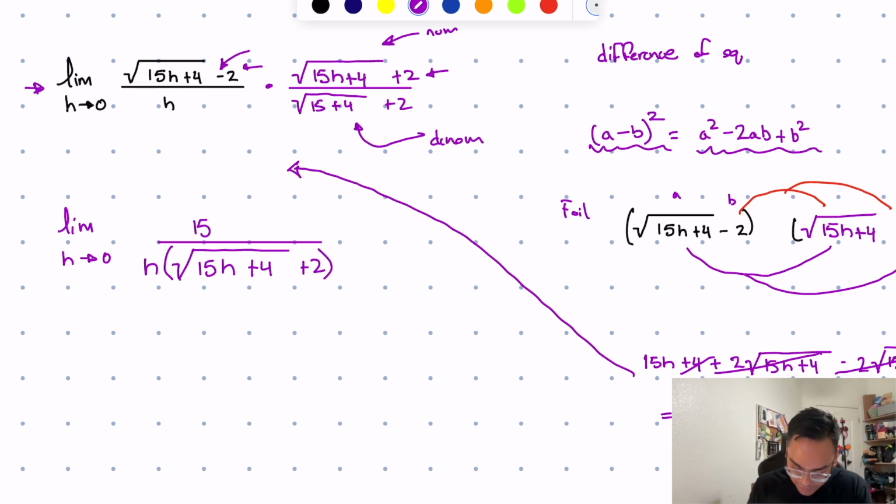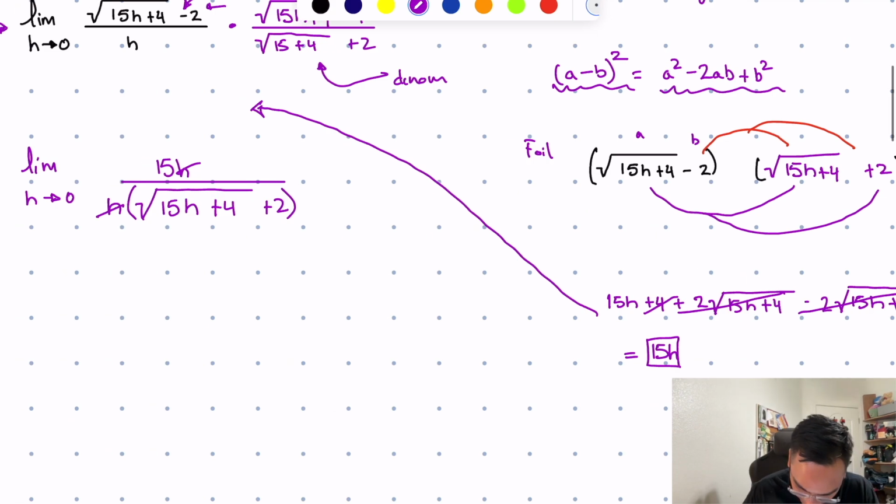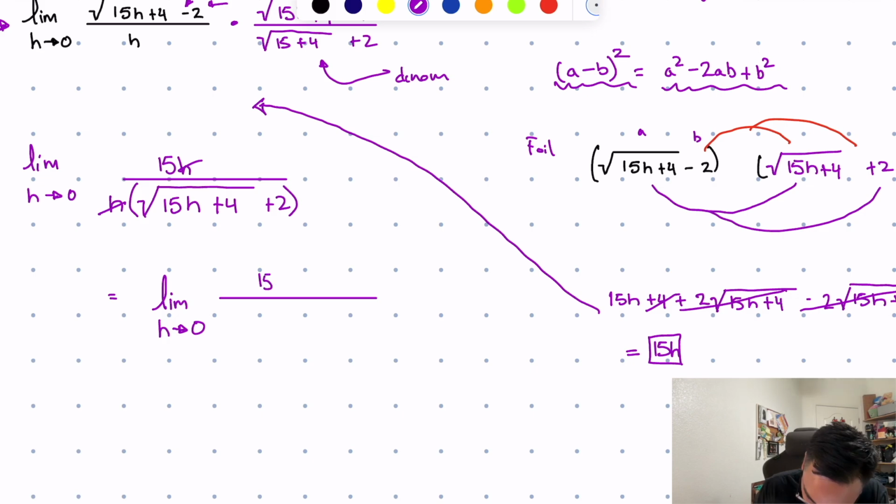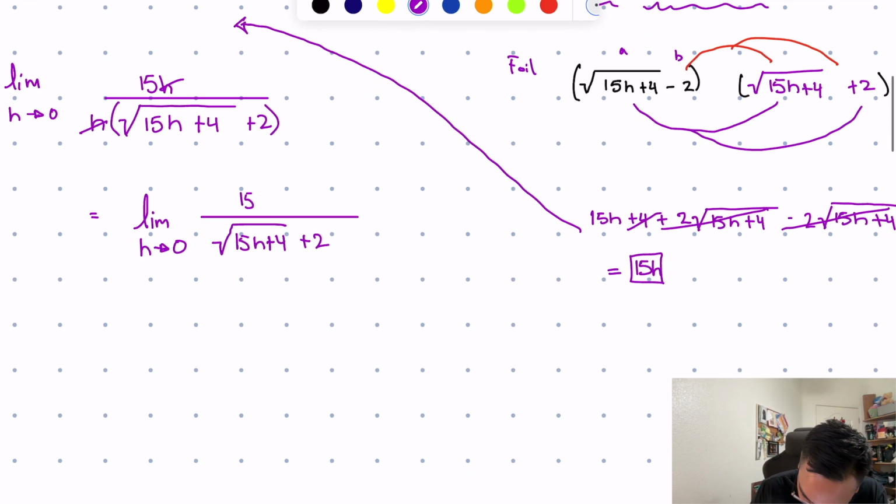Looks very, very intimidating. So the h on top will cancel out. Sorry, I forgot the h over there. The h on top will cancel out, which is just going to give us this nice little equation of the limit as h approaches 0 of 15 over root 15h plus 4 plus 2.